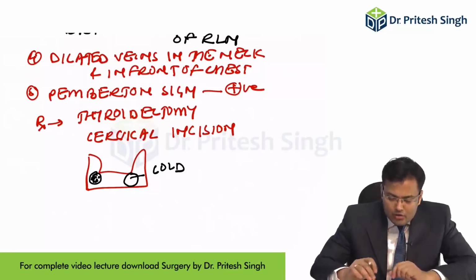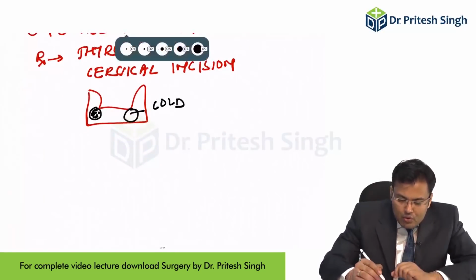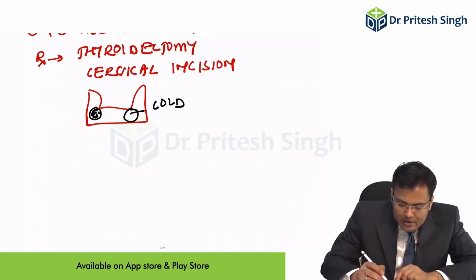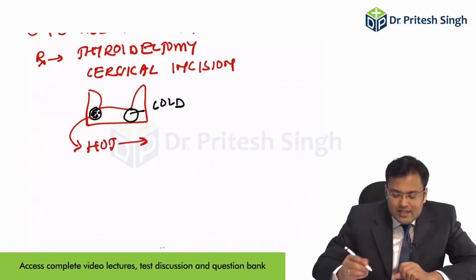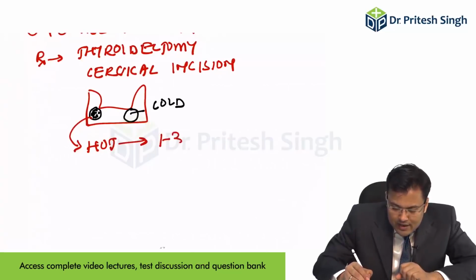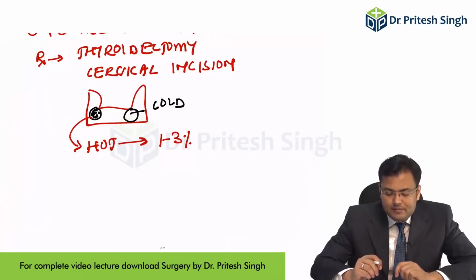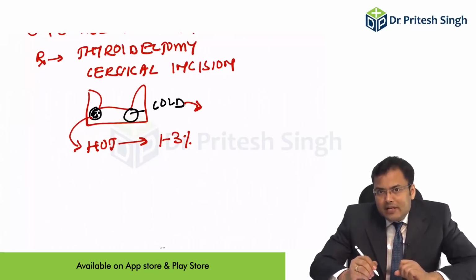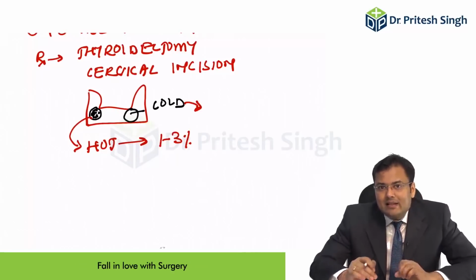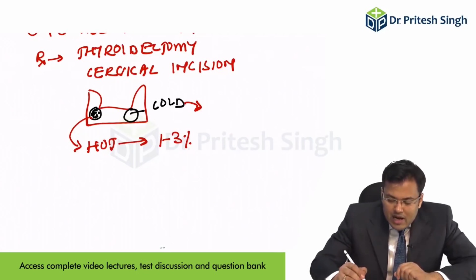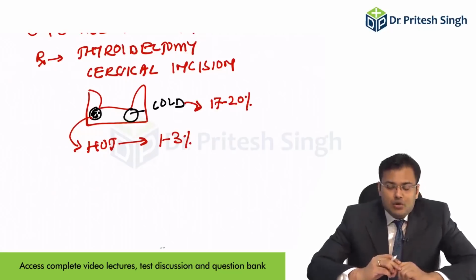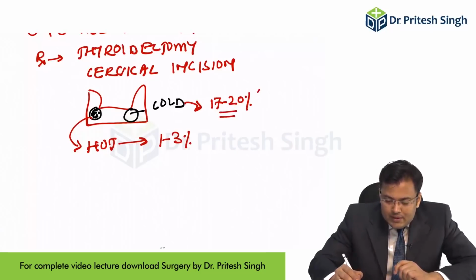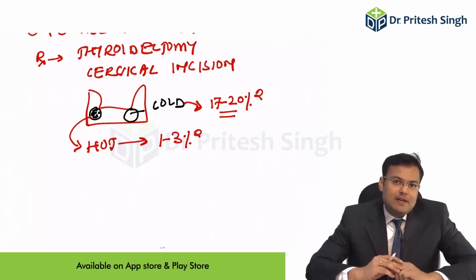So I'm repeating, hot nodule collects more radioactive iodine in comparison to the surrounding tissue. How much is the risk of malignancy in a hot nodule? It is 1 to 3%. What is a cold nodule? It collects less radioactive iodine than the surrounding thyroid tissue. How much is the malignancy? Risk of malignancy in a cold nodule is 17 to 20%. These are very, very important questions.